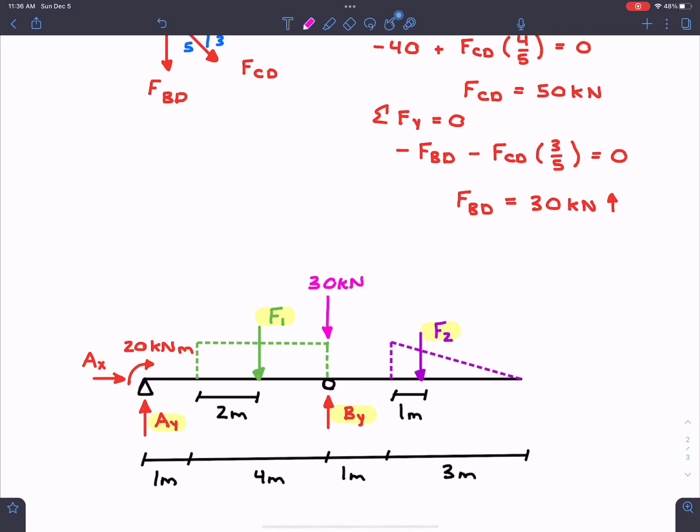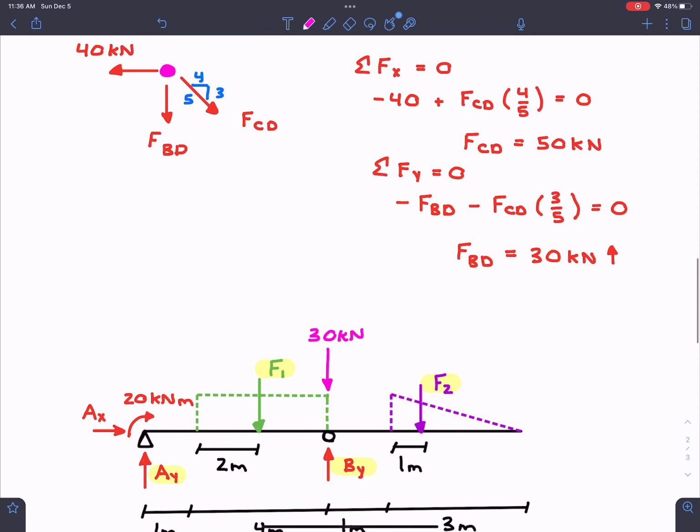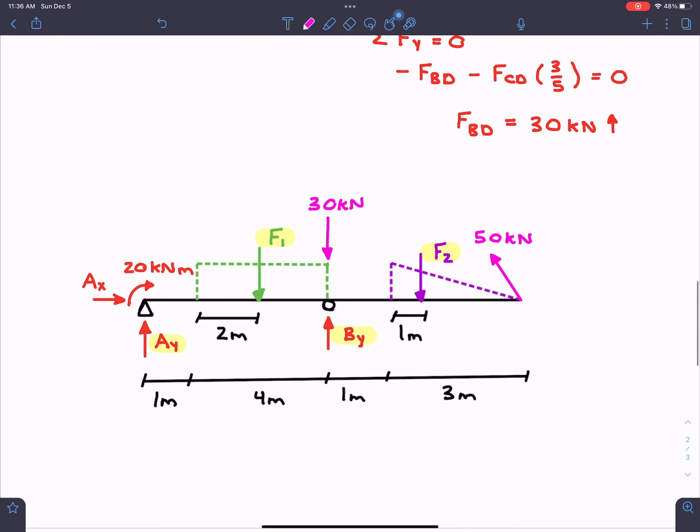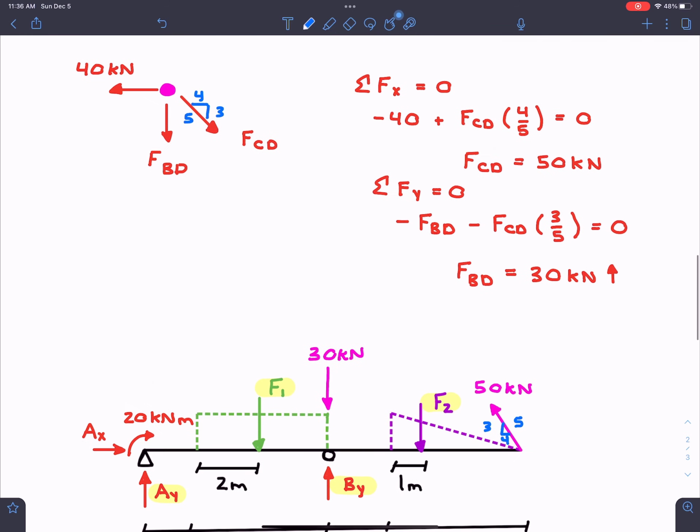And then at the far end, we have FCD, which was 50 kilonewtons, and we got the force right. So it's going to go something like this, and this right here is going to be 50 kilonewtons. For completeness, you should put the inclination of it, and we've already discussed that that's 5, 3, and 4. So not too bad. This is how you would deal with part B.